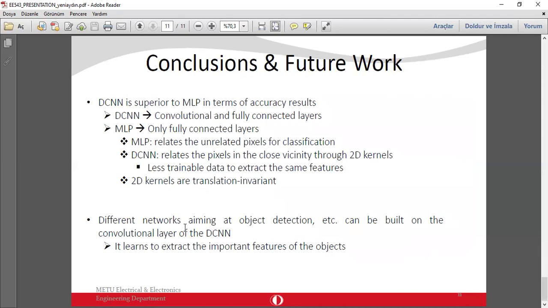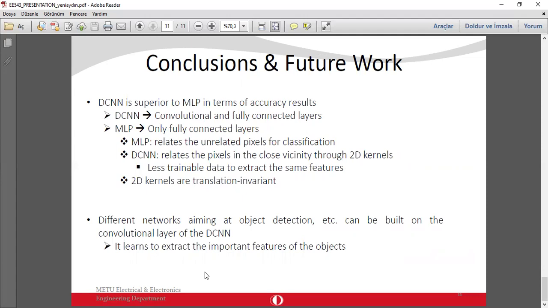To conclude, deep CNN is superior to multilayer perceptron in terms of accuracy. Deep CNN utilizes convolutional and fully connected layers. However, multilayer perceptron only utilizes fully connected layers, and because of this fact, the MLP might relate unrelated pixels for classification.